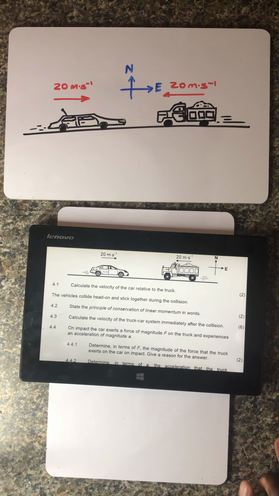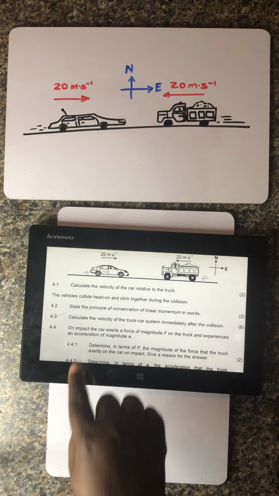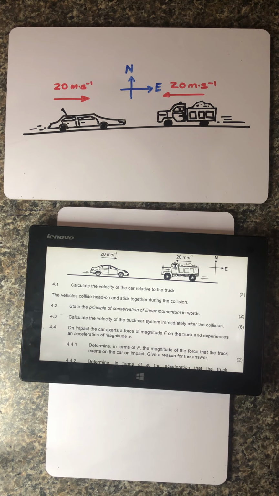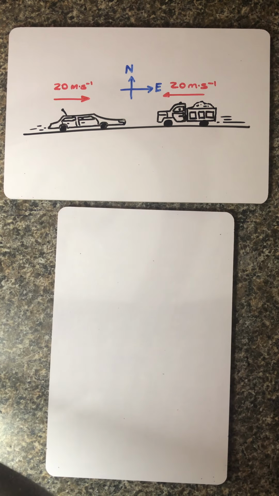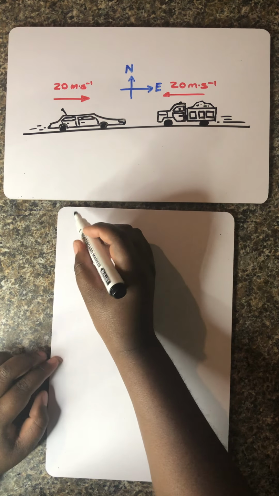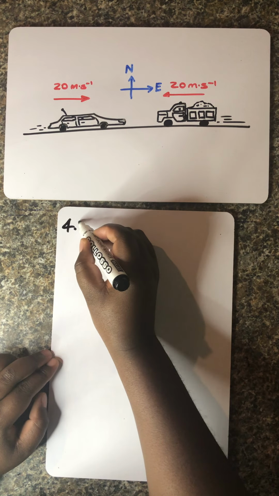Ladies and gentlemen, 4.2: state the principle of conservation of linear momentum in words. Guys, do not give anything other than the principle in words.